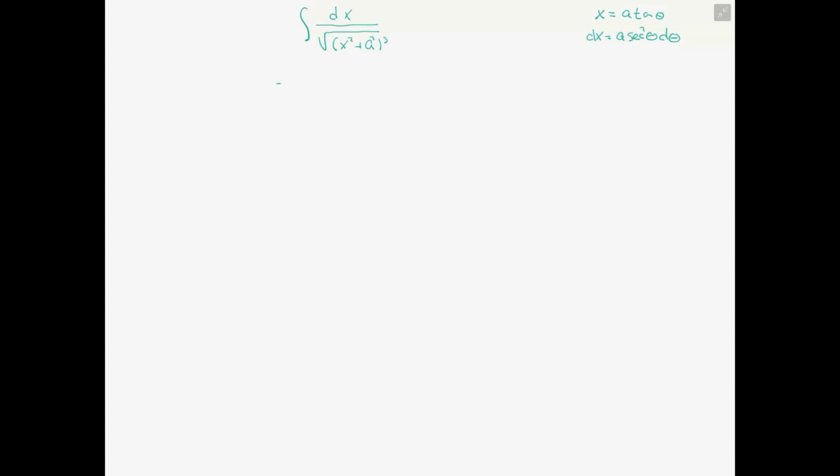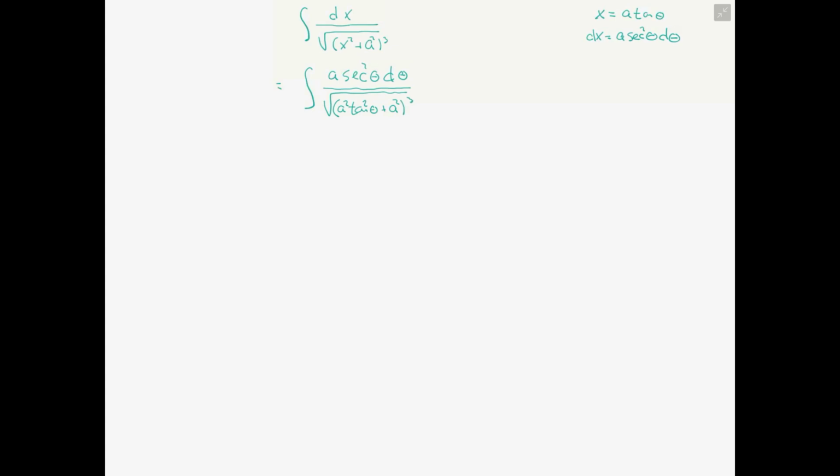And we make our little substitutions. So we got a secant squared theta d theta for dx. And down here in the denominator, we have a squared plus a squared tan squared theta, plus a squared to the third.